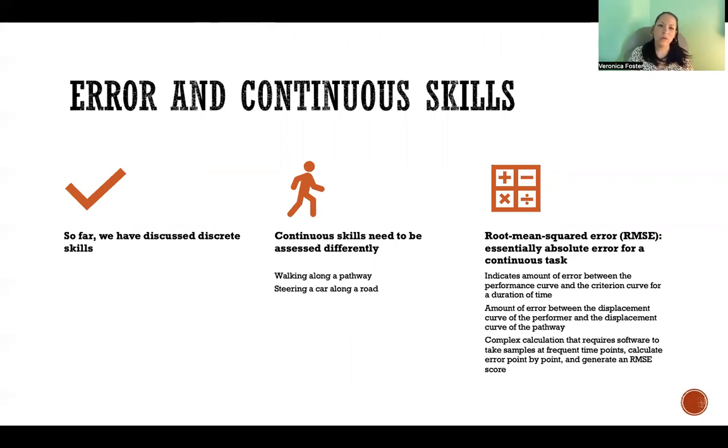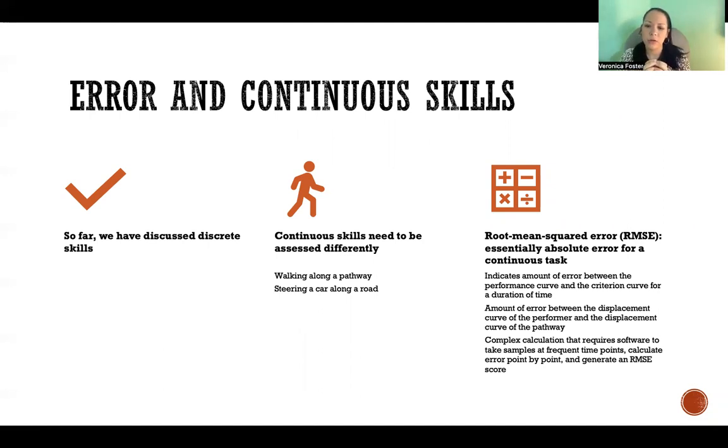So if you want to assess the amount of error, like walking along a pathway, how much error was that would be how much did you deviate from that pathway. So in that case, you would use software that would conduct pretty complex calculations, where it would be taking samples at specified time points along the travel or along the length of that movement, so that you can see, like, at these intervals, where were you in relationship to the pathway that you were supposed to be walking along?